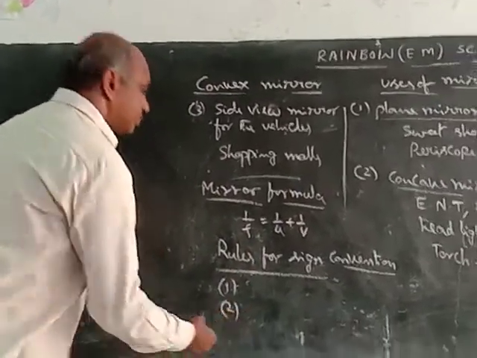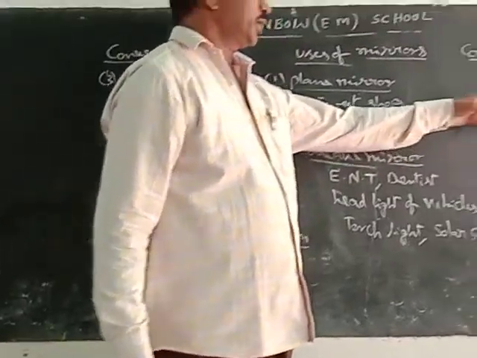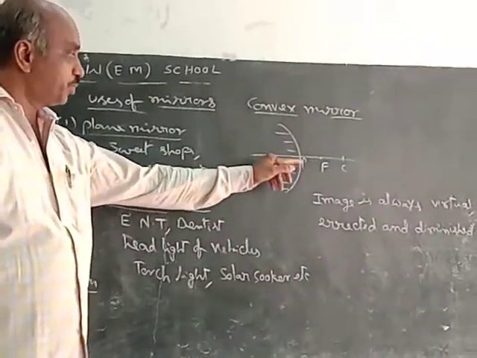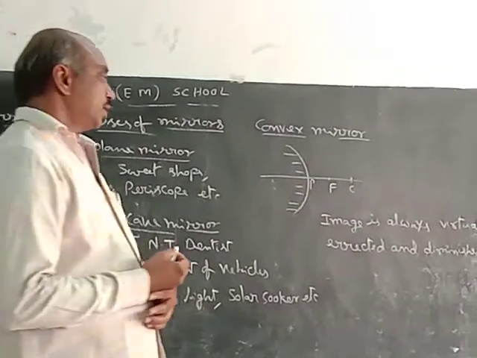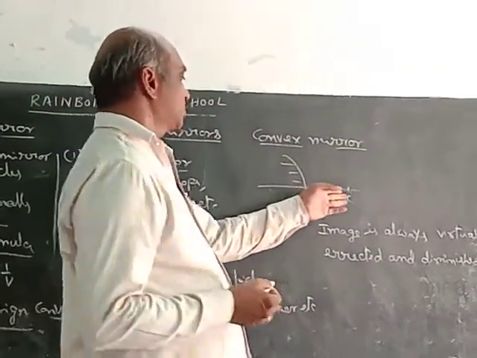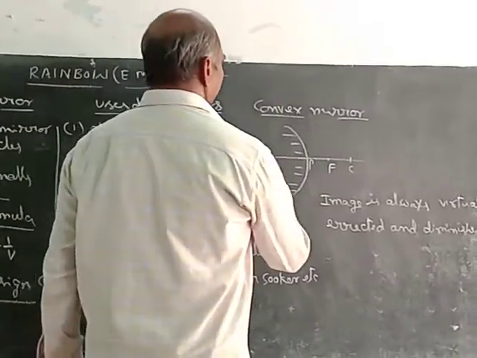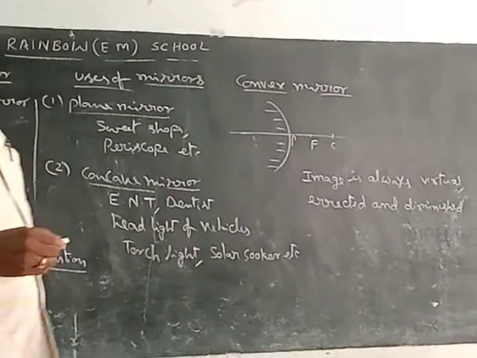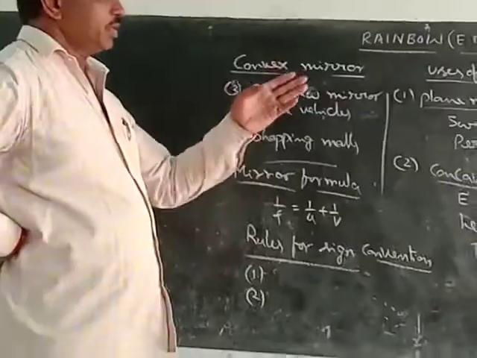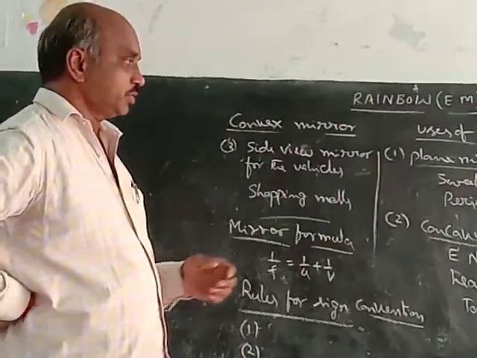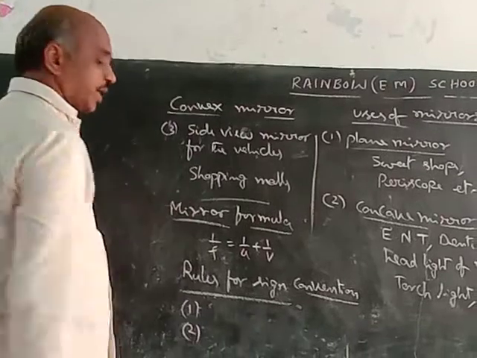Second one, as you already know, the line passing through P, F and C, that means pole of the mirror, focus, center of curvature, is called the principal axis. An object or image above the principal axis is taken as positive, below the principal axis is negative. These are the two rules of sign convention.